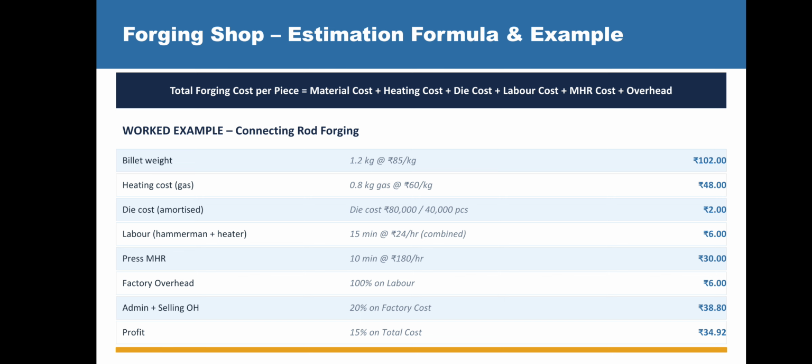Finally, find out the profit. I already told the different equations we studied in the previous session. For this, different cost equations are needed to find out the various costs included in the forging shop.